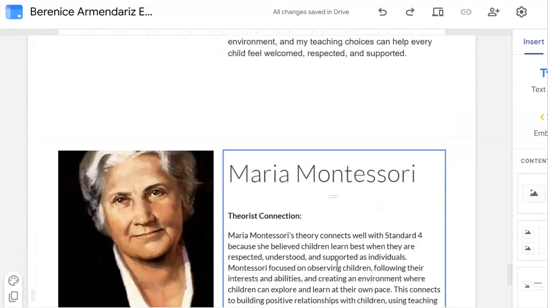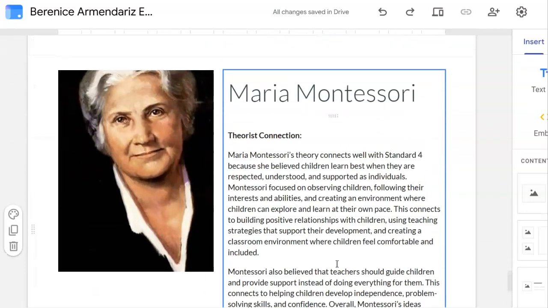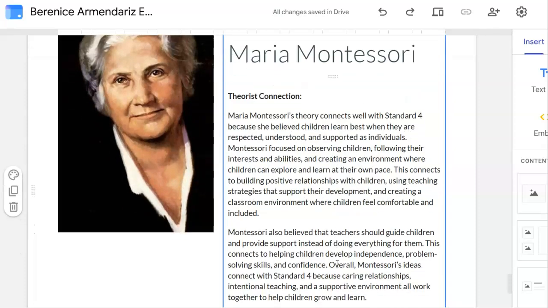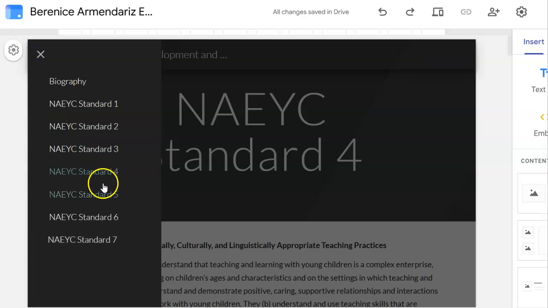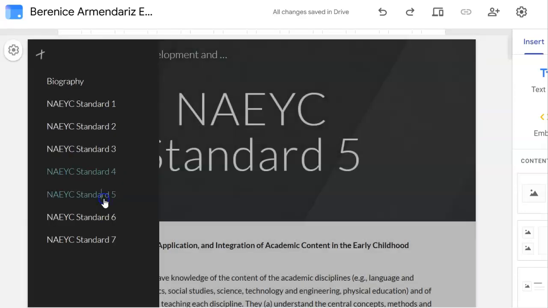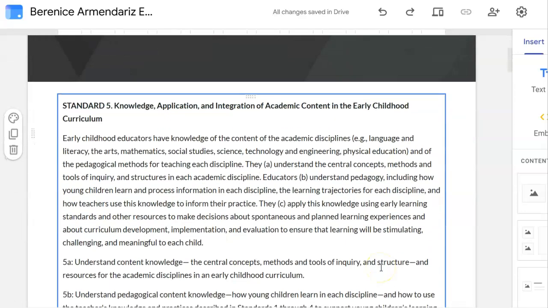So I think the images that you chose support your portfolio. Maria Montessori, that's a nice painting of her. That's not what I know her to look like, but it's a beautiful picture. Usually she's surrounded by children, and at that time period, everyone was wearing a lot of black.